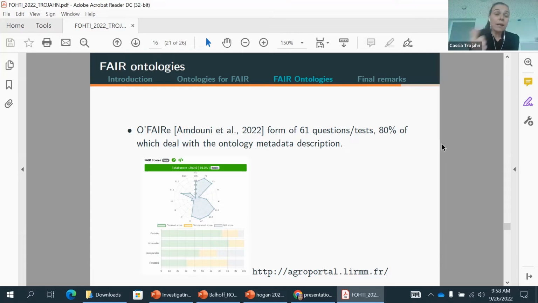And then again, I come back to the fact that the evaluation highly depends on the metadata. So you have a nice visualization for each one of the 61 criteria. They give an explanation on how you can improve the fairness of your ontology. Next one, please.